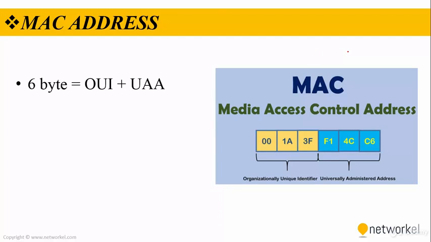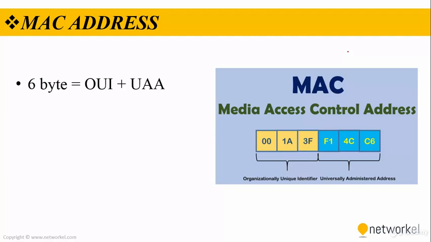Let's take a look at the MAC addresses now. A MAC address of a computer or printer or any network device is a 6-byte unique identifier assigned to network interfaces for communications at the data link layer of a network segment.